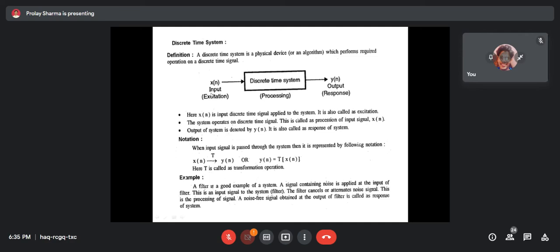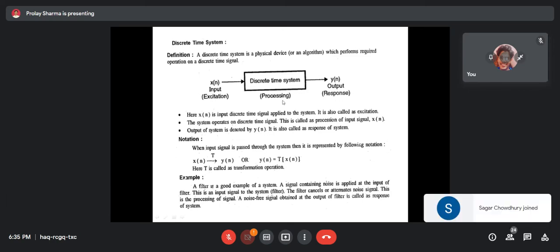This is the exact operation of the system. It will take some input, it will produce some output. In other words, a system is basically an interface between input and output.